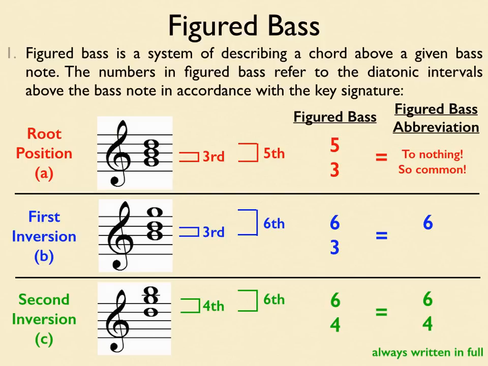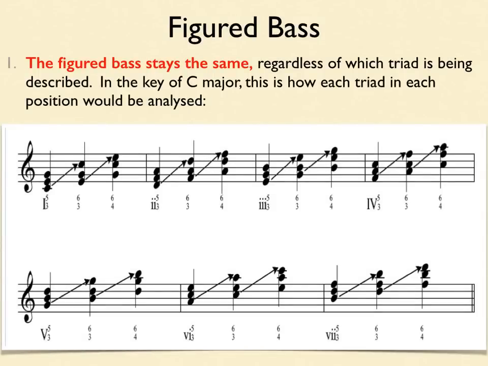So this is an important point to remember about figured bass. The figured bass stays the same regardless of which triad is being described. So here in the key of C major, this is how each triad and each position would be analysed. Sorry, it looks a wee bit squished. I've just tried to fit every single possibility onto one slide. So you can see the tonic triads at the very beginning in the first bar.